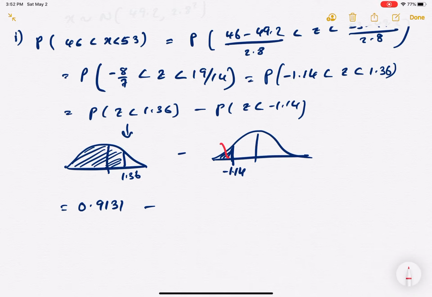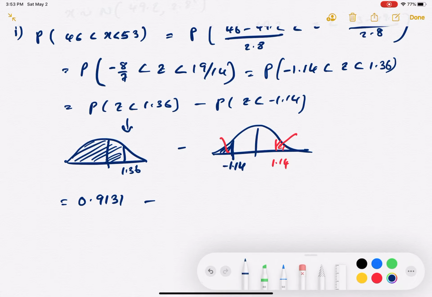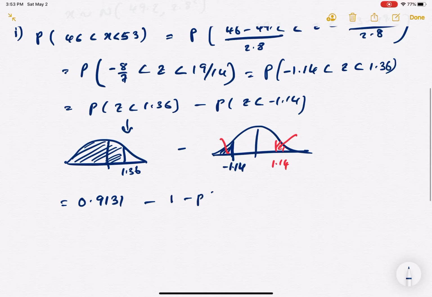Now this part is a bit trickier because you cannot find a negative z value from the normal distribution table. So the area shaded over here is the same as this area over here with 1.14, and that area is equal to 1 minus the probability of z less than 1.14. So we need to transform this: 0.9131 minus 1 plus the probability z less than 1.14.